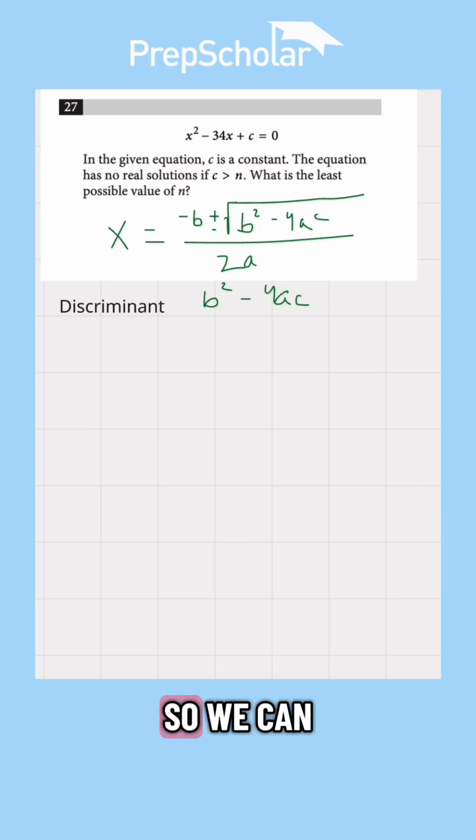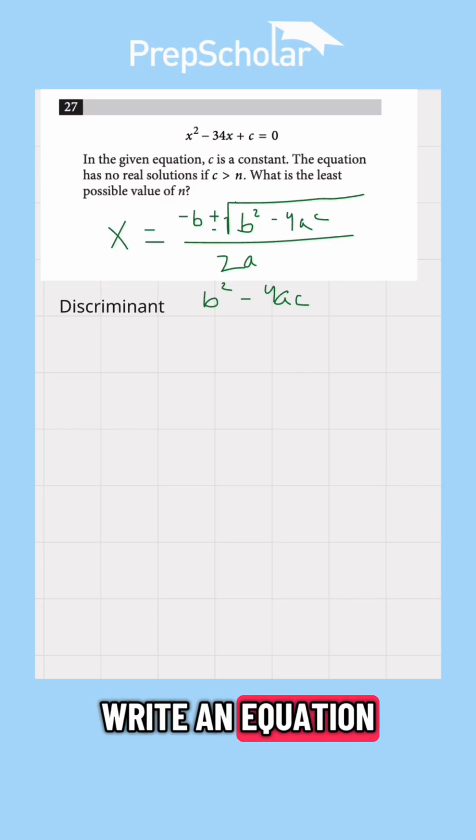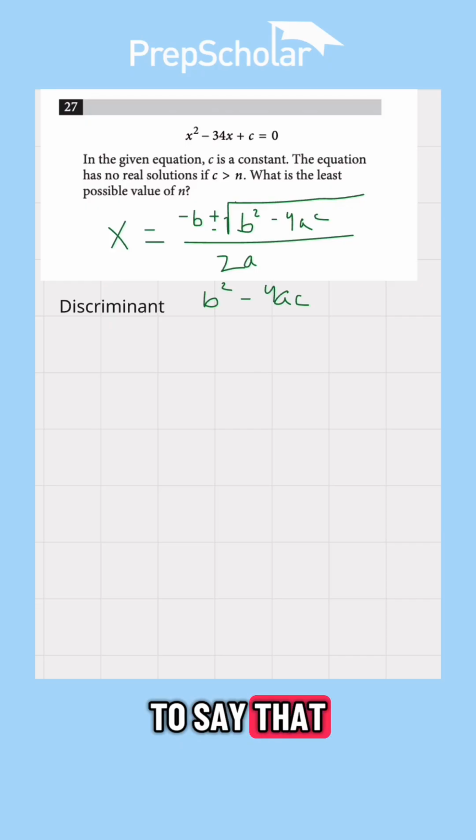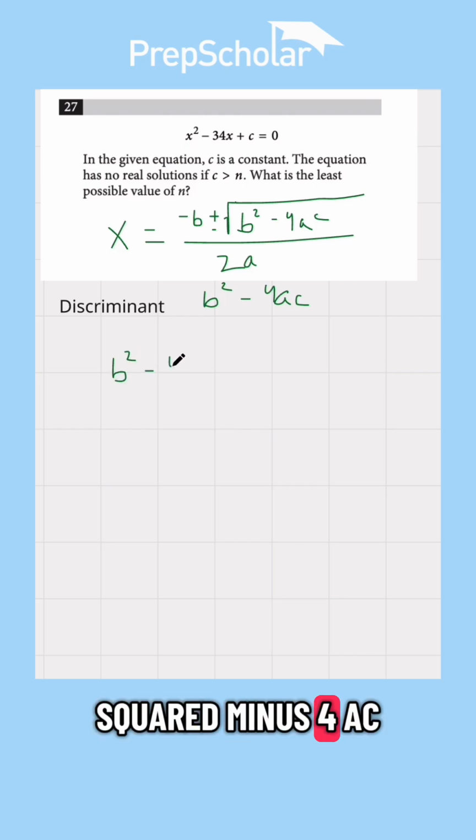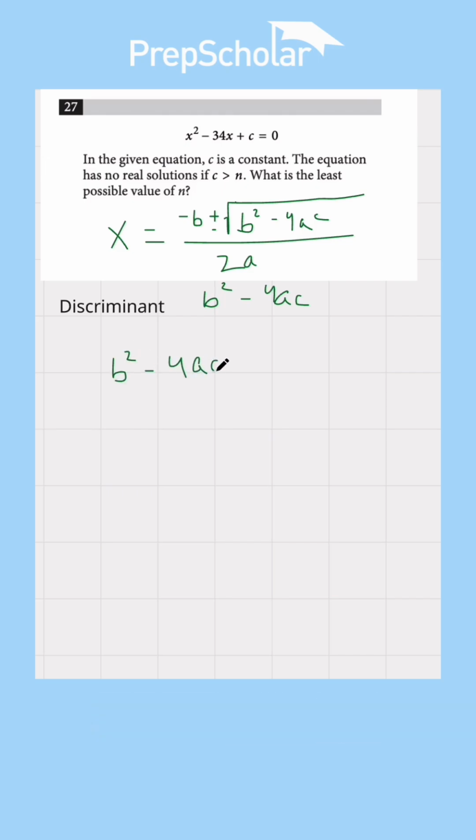So we can write an equation to say that when there are no solutions, it's when b squared minus 4ac is less than 0, right?